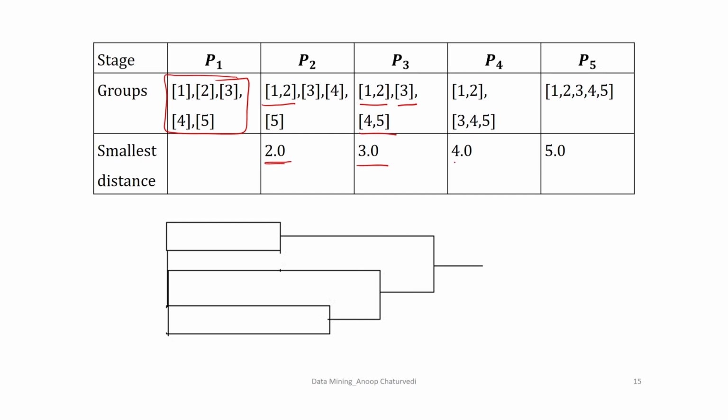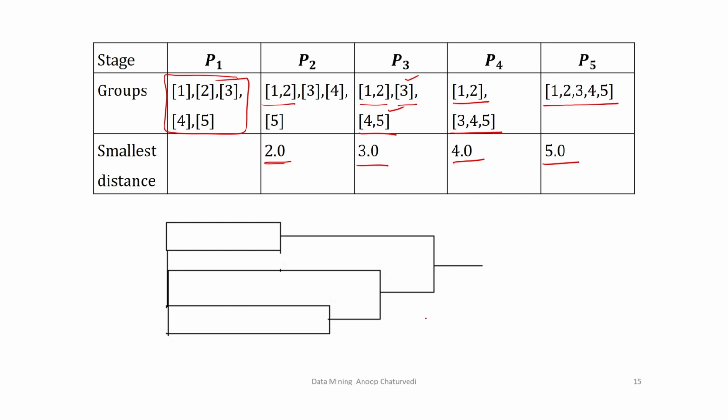Then at distance 4, we merge 3 and 4, 5, these 2 clusters. So, now you have 2 clusters: 1, 2 and 3, 4, 5. Then finally, at distance 5, we merge these 2 clusters, and then we get just a single cluster containing all the 5 points 1, 2, 3, 4, 5.